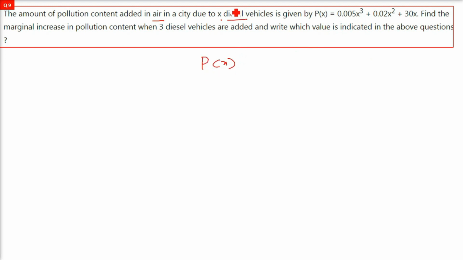And this equation is already given to us. P of x is 0.005 x cube plus 0.02 x squared plus 30x. Find the marginal increase in the pollution content when 3 diesel vehicles are added.